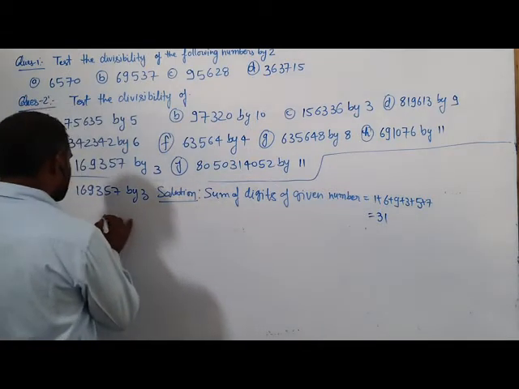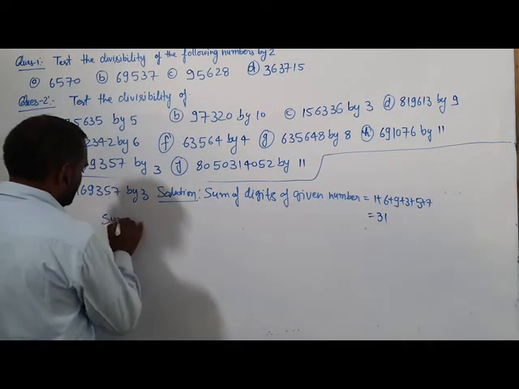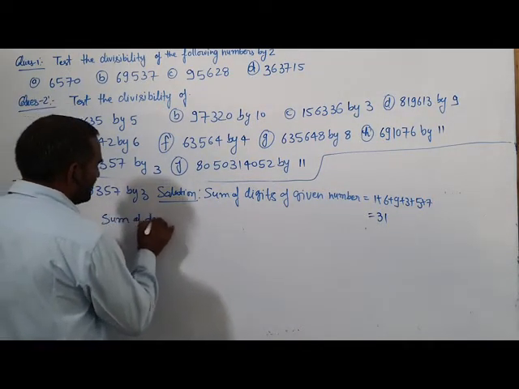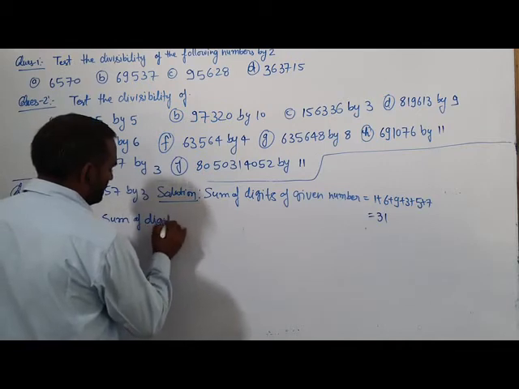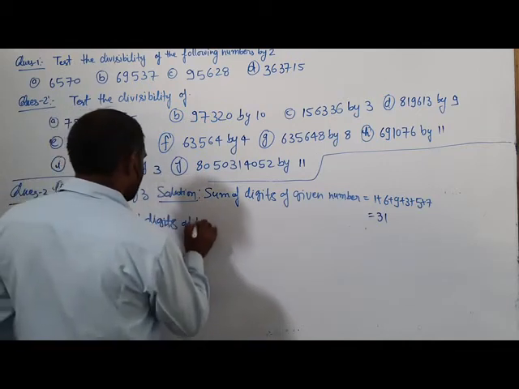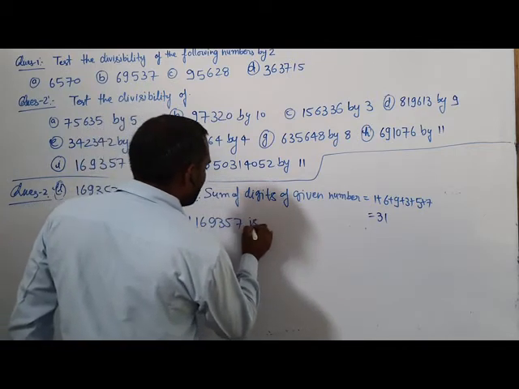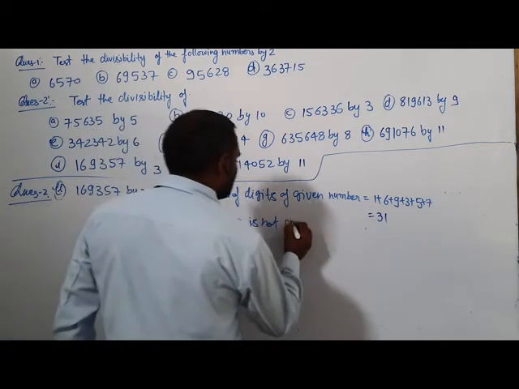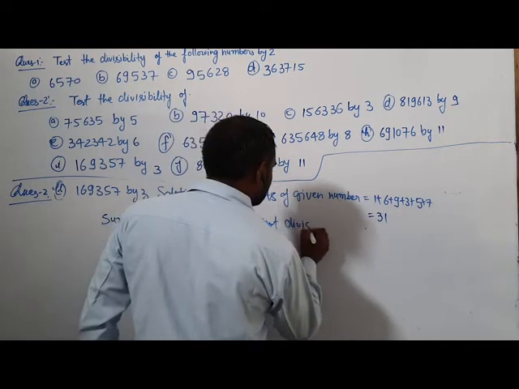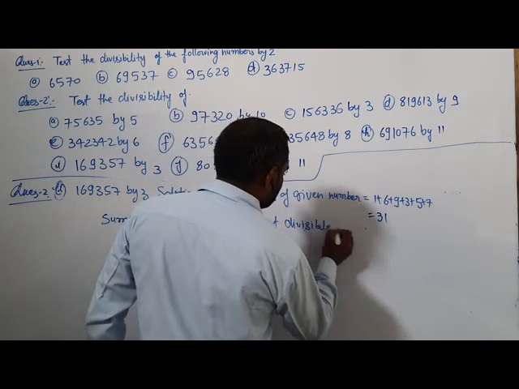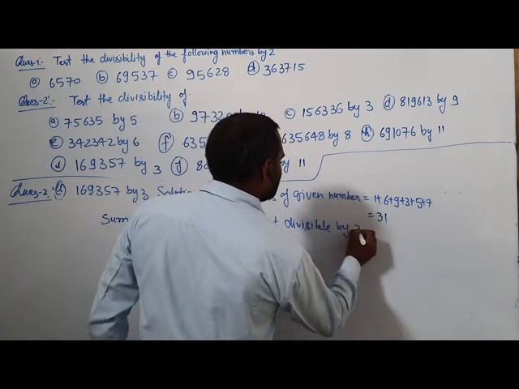Sum of digits of 169357 is not divisible by 3.